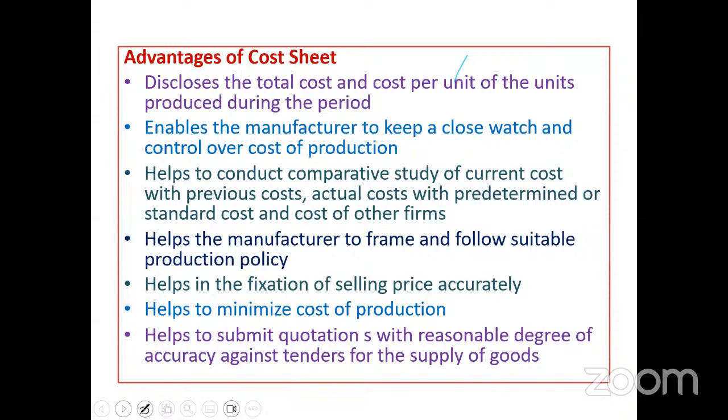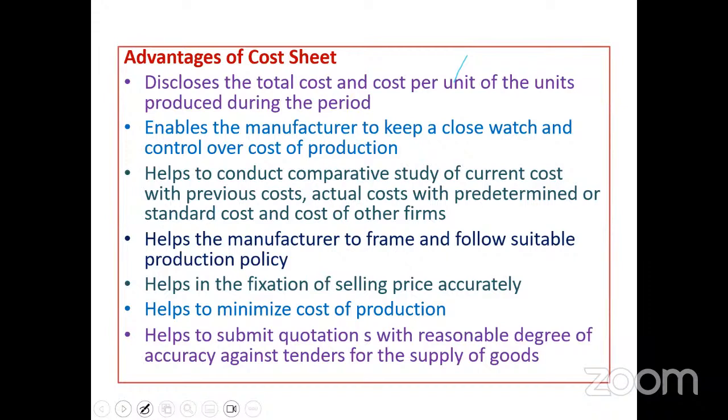Comparative study is possible. Again, the cost sheet also helps the manufacturer to frame and follow a suitable production policy. Let's say you are the manufacturer, you can frame your suitable production policy. What will be the duration of the production, and whenever you are producing, what are the rules or standards you need to follow. So you can fix it.